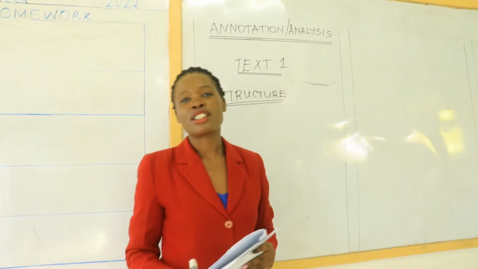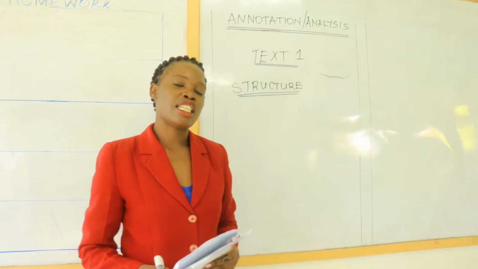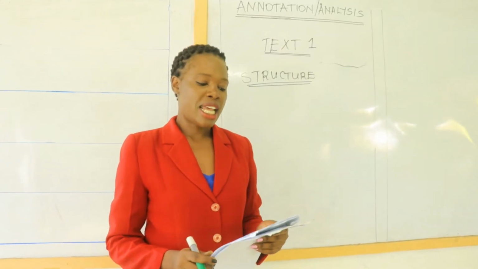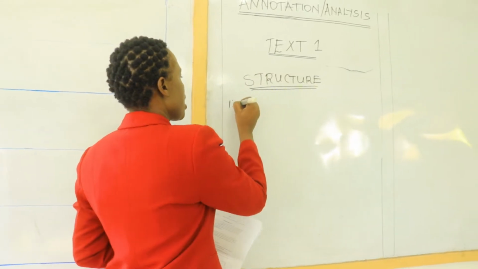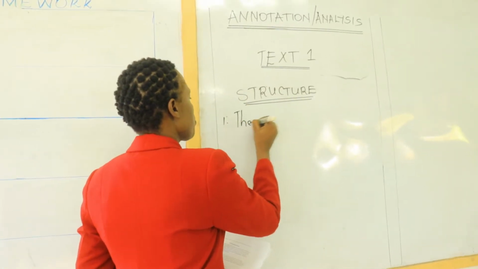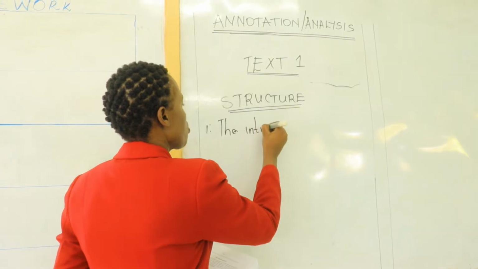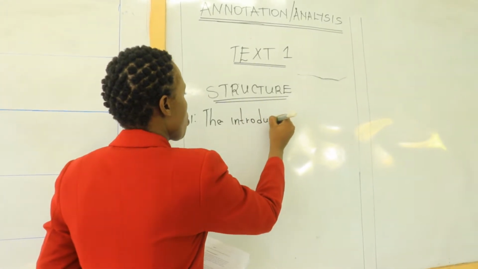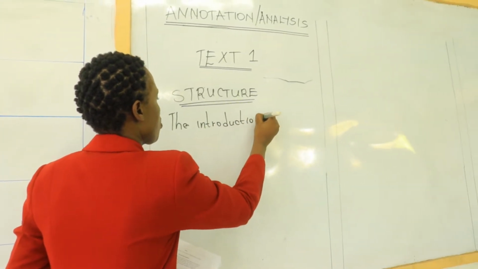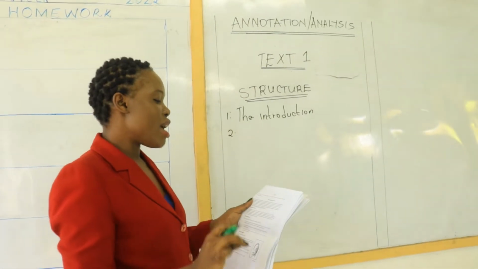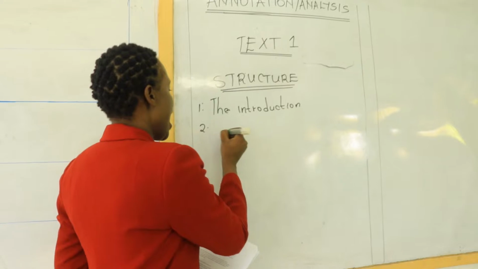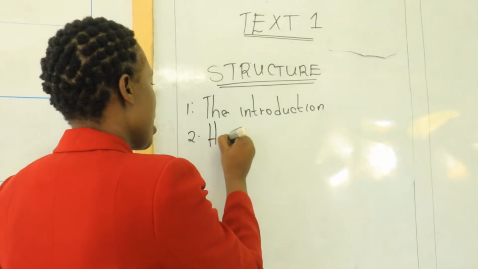Structure simply means what a text is made of. In this text, we see number 1, the introduction. Number 2, we can see the amazing Amazon is the heading.